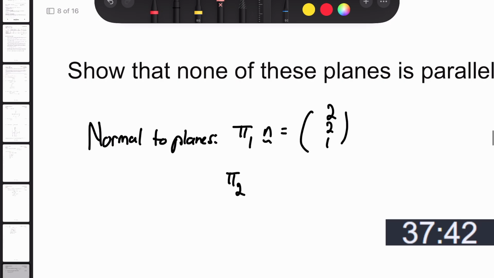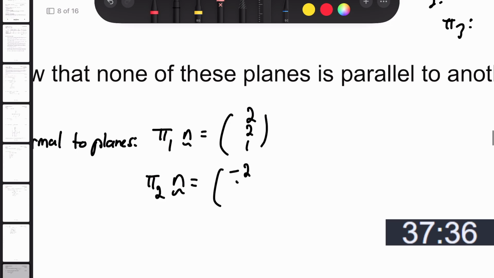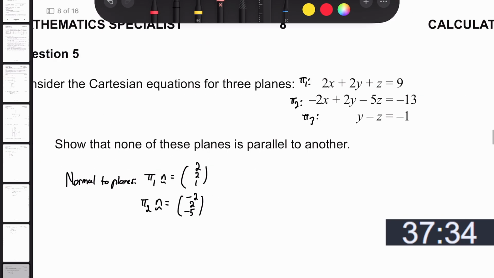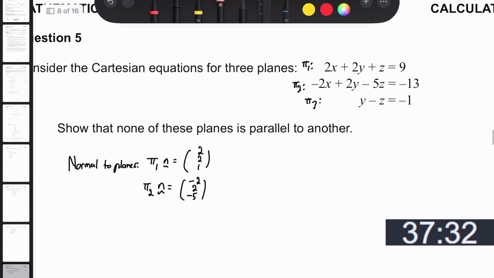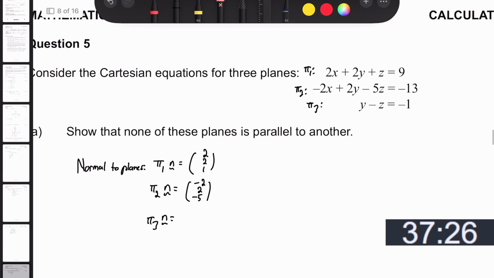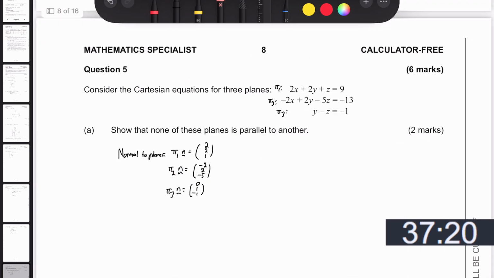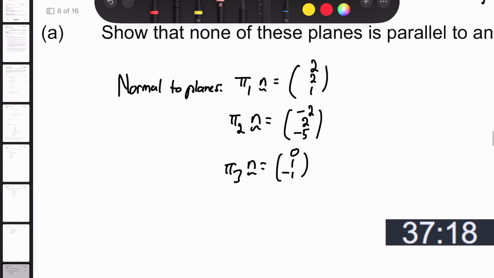And then plane 2 normal equal to negative 2, 2, negative 5. And then let's say plane 3 normal is equal to 0, 1, negative 1.